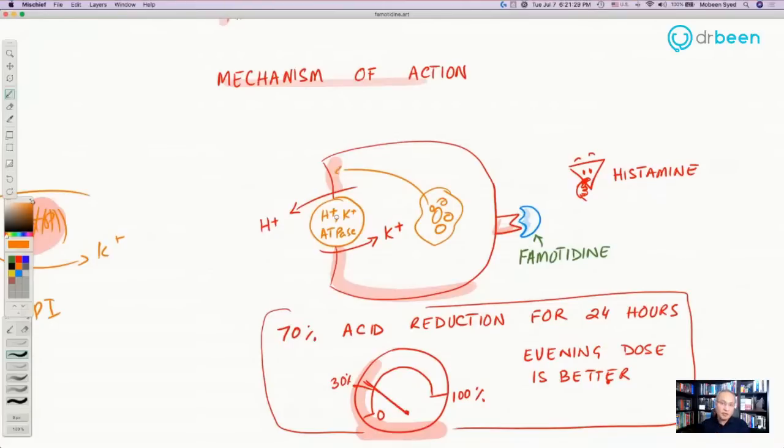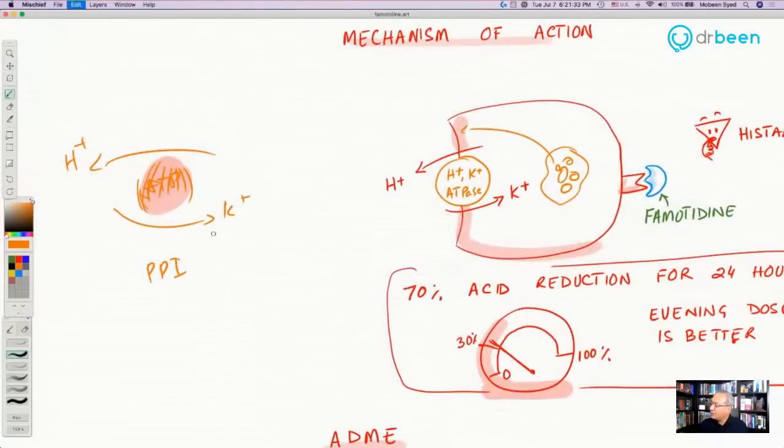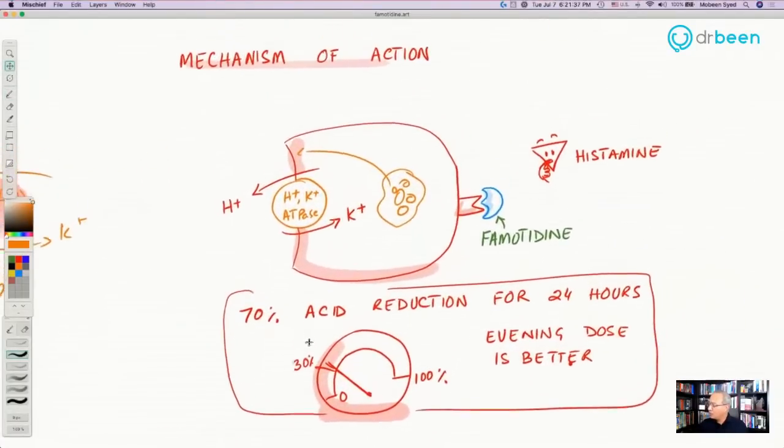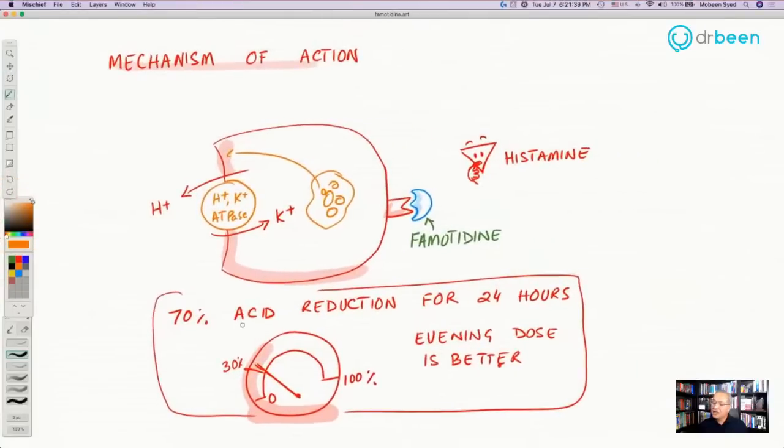So these drugs that disable this pump are called proton pump inhibitors. These are more popular nowadays than the H2 antagonists. Still, H2 antagonists are used. So 70% reduction in acid secretion for 24 hours.